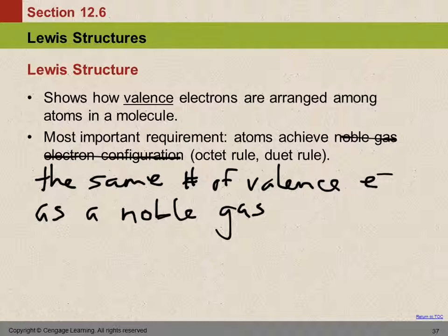Trick question. How many electrons does helium have? 2, right? Remember these blue numbers here? Those are the numbers of protons and electrons. Helium is one of those little guys on the periodic table. He only has 2 electrons and 2 protons. So he can't possibly have 8 valence electrons, can he? No, so he only has 2.